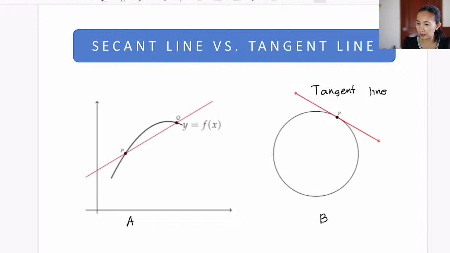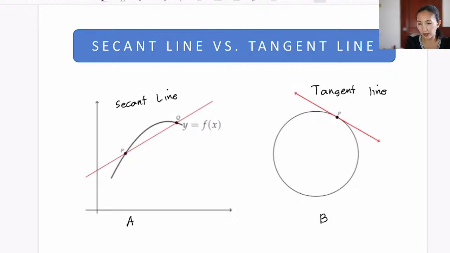How about letter A? Okay, most of you answered letter A as the secant line. So how then shall we describe a secant line and contrast it to a tangent line?